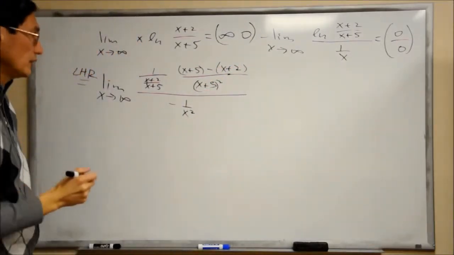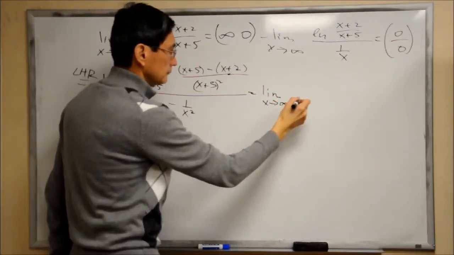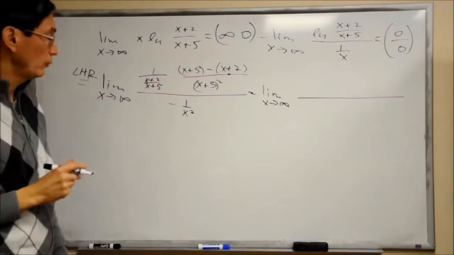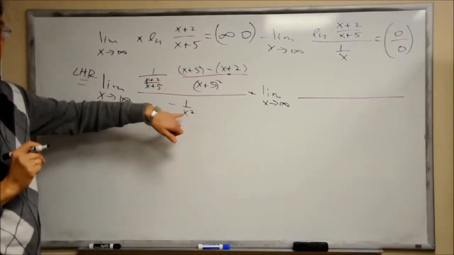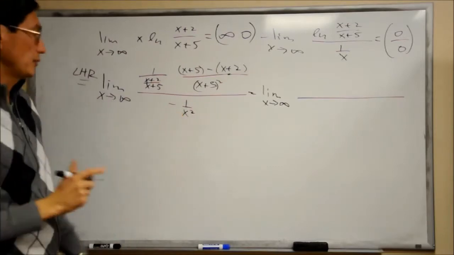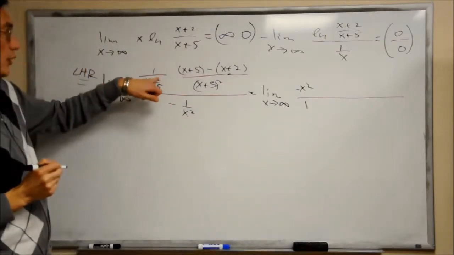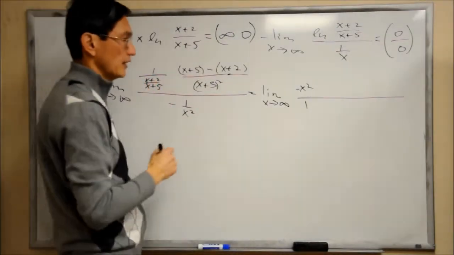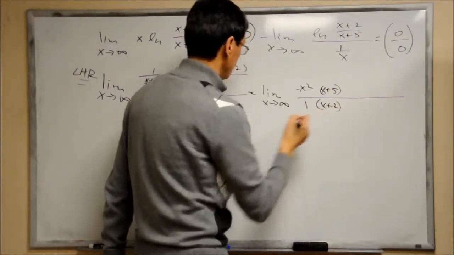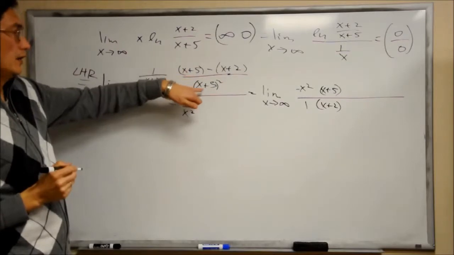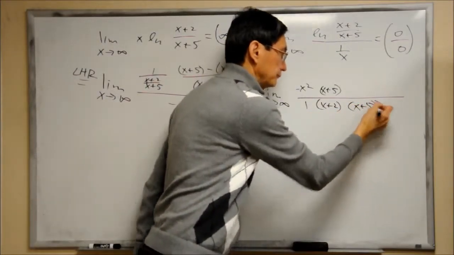Now we have to rely on a little bit of algebra to simplify that expression. I will want to have just one single fraction. Negative 1 over x squared divided by, that is the same as multiplying by the reciprocal, (x plus 2) over (x plus 5), again multiplying by the reciprocal. (x plus 5) squared is in the denominator.